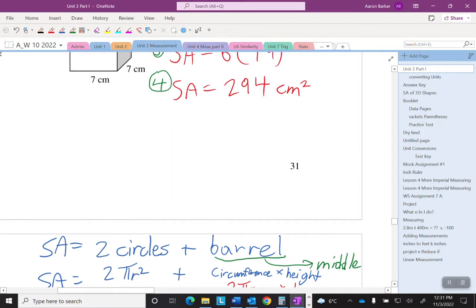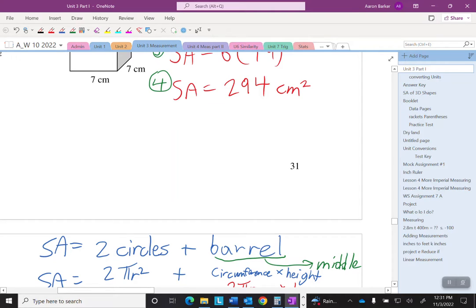Now, for the barrel, I'll use some scissors to help me show what the barrel actually is. Some of you might remember this from grade 8 or 7, or wherever we did this. So this round part's the barrel of the cylinder. If I unroll it, let's see what kind of shape it makes.